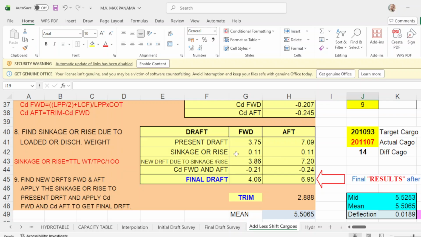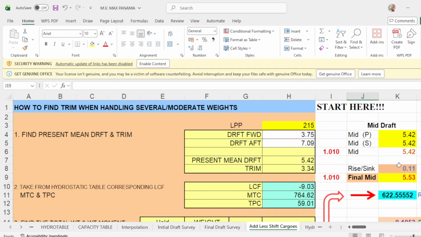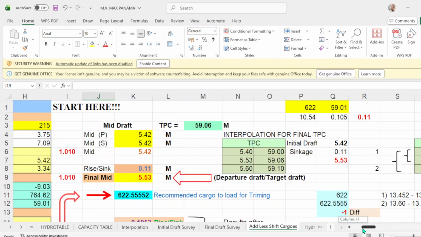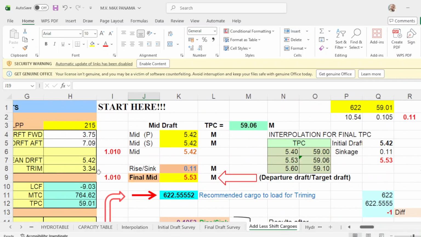How did I get the sinkage? Okay. Take note. What is the initial draft? It is 5.42. Okay. Forward, this is 1.025, for example, because your local density is 1.025.